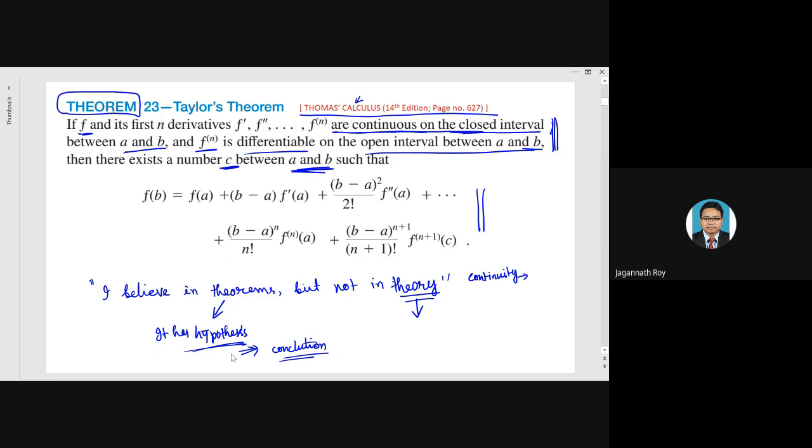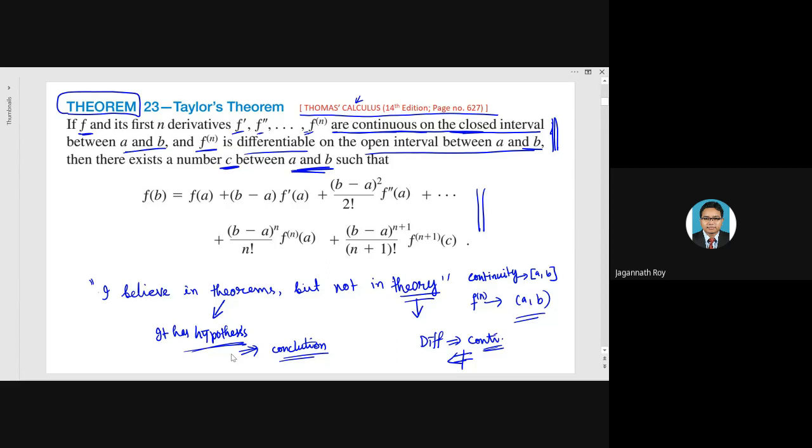Continuity will be defined on the closed interval. All the derivatives up to order n are continuous. And then the nth derivative is actually differentiable on the open interval, because differentiability is a stronger criterion. Differentiability implies continuity, but continuity does not imply differentiability.